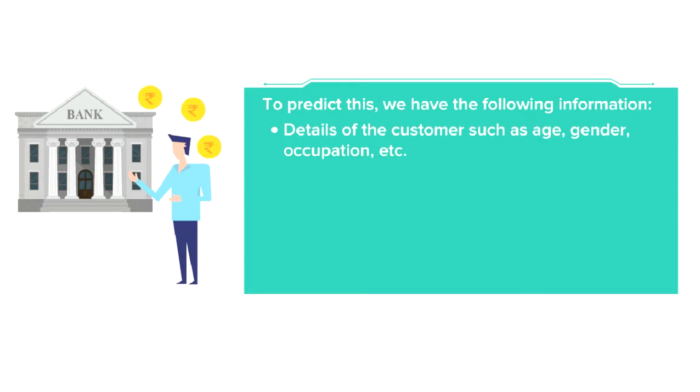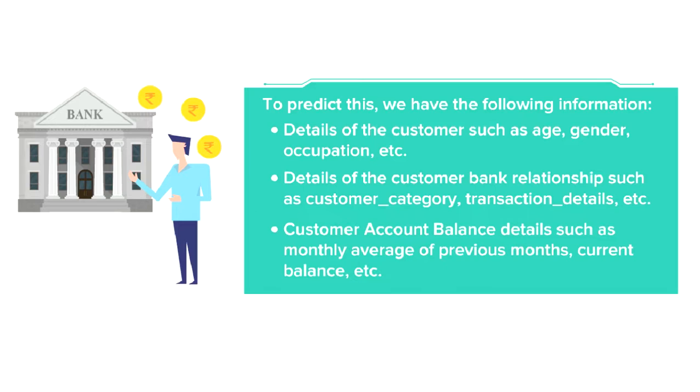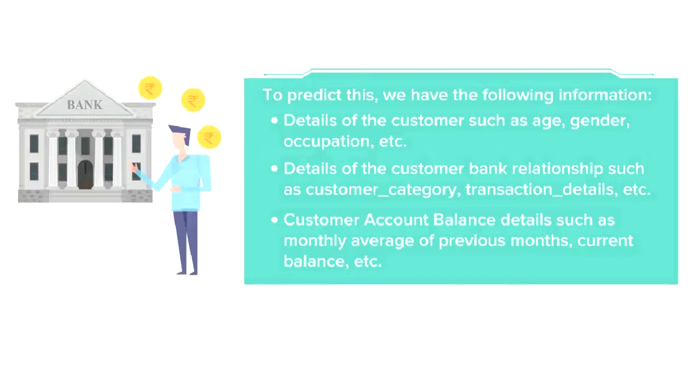Details of the customer such as age, gender, occupation, etc. Details of the customer bank relationship such as customer category, transaction details, etc. Customer account balance details such as monthly average balance of previous months, current balance, etc. Now, on the basis of this information, we have to implement the logistic regression model to predict whether the future customers will churn or not.